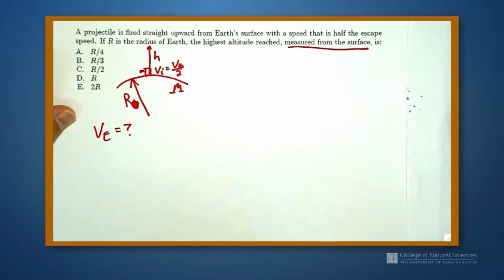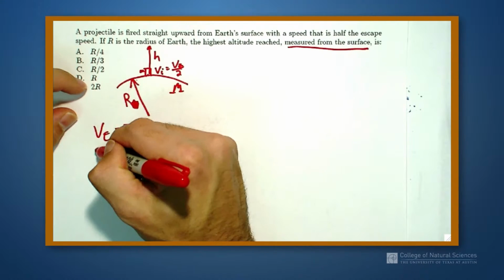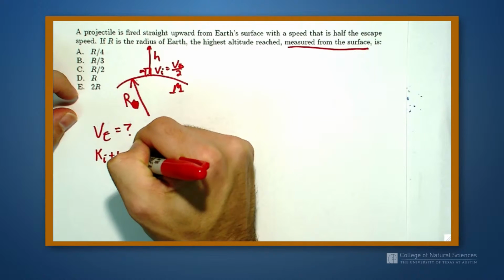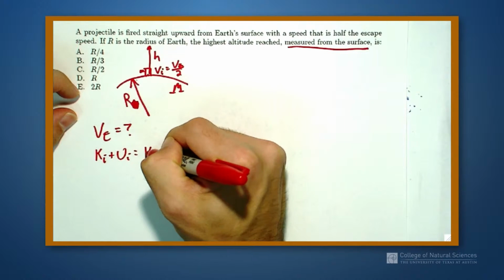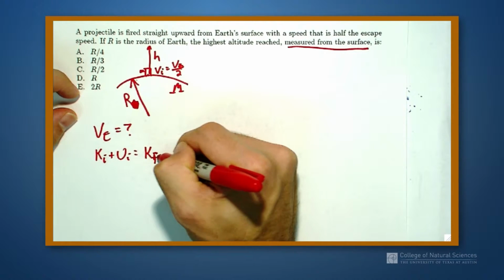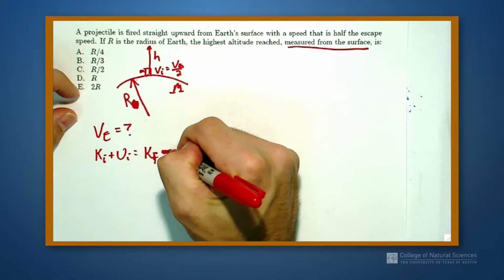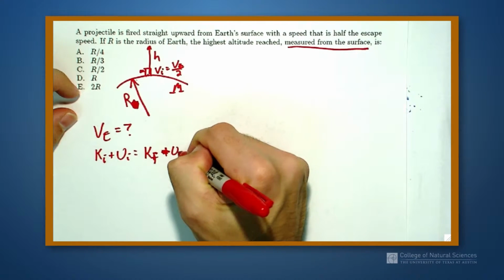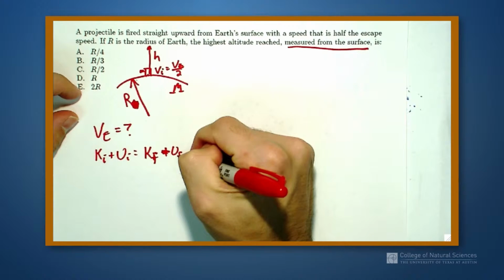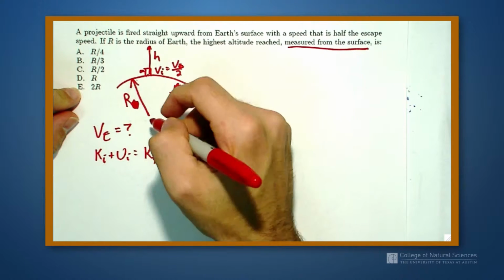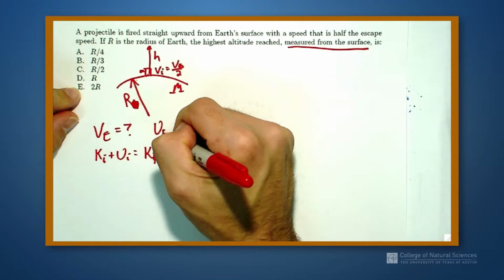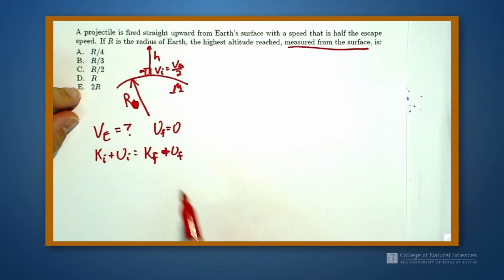My escape velocity, I remember, comes from a conservation of energy equation. The initial kinetic energy plus the initial potential energy is equal to the final kinetic energy plus the final potential energy. In order for me to get escape velocity, I know that my final potential energy is equal to 0.